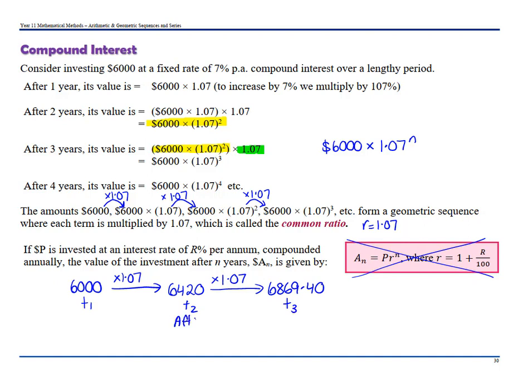This is after 1 year. This is after 2 years. Okay, so when we're using geometric, we're going to have, with our formula, T1, our first term, times R to the n minus 1. And that's where that n minus 1's coming from.